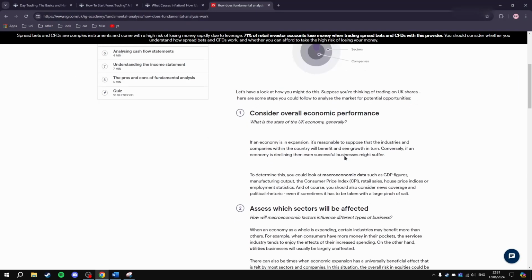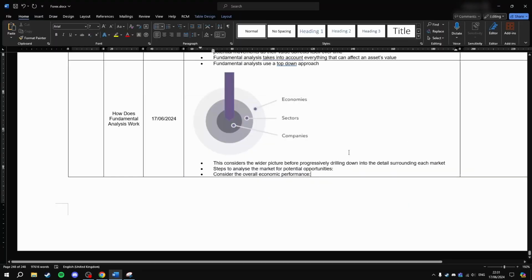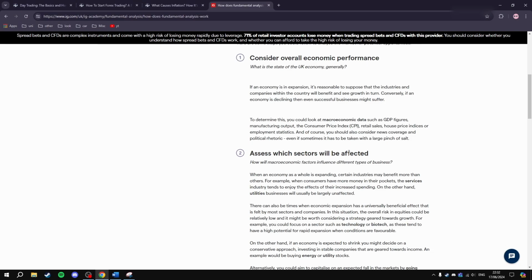Consider the overall economic performance. What is the state of the country's economy generally?